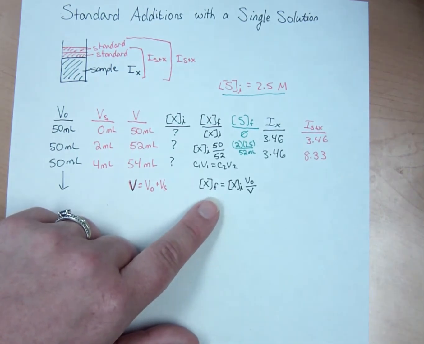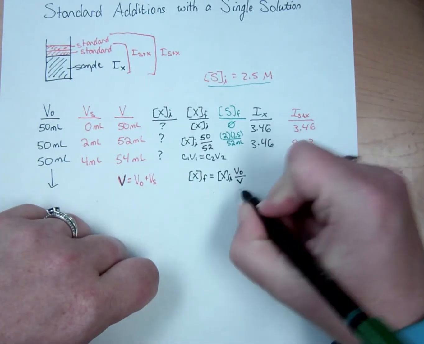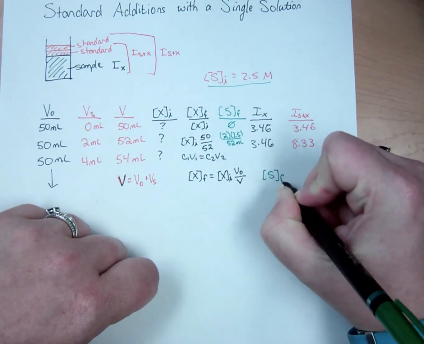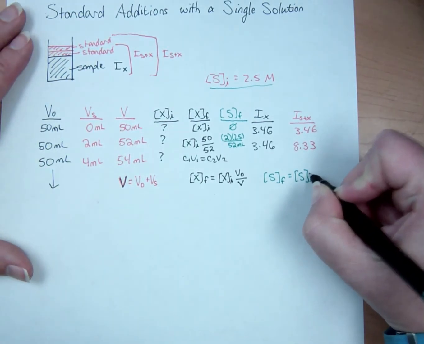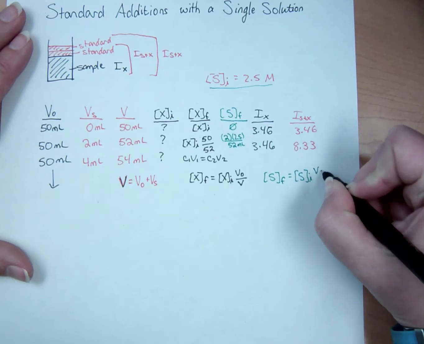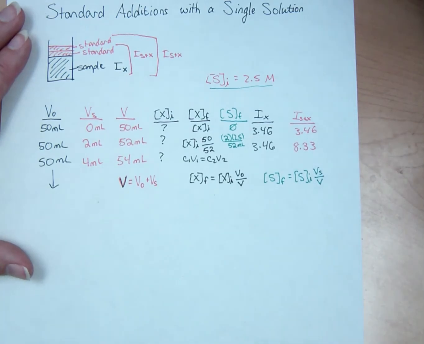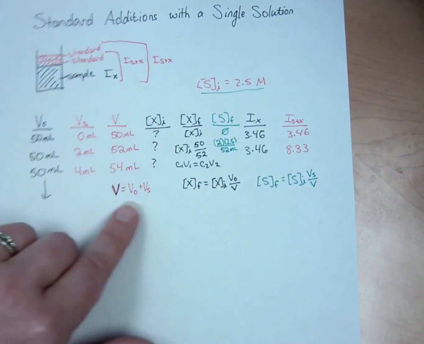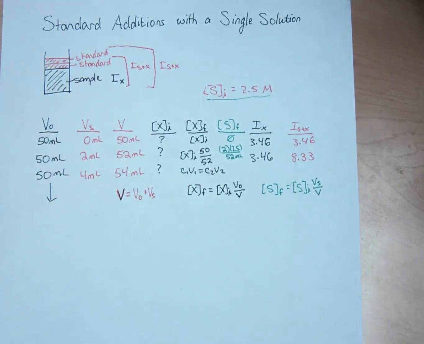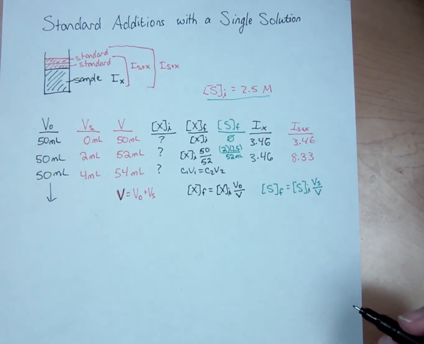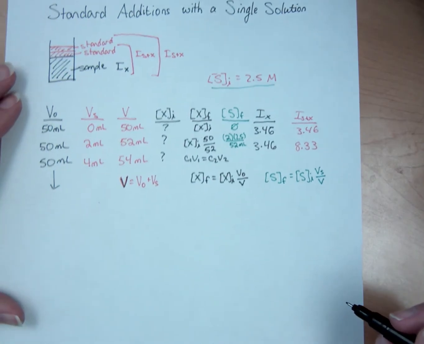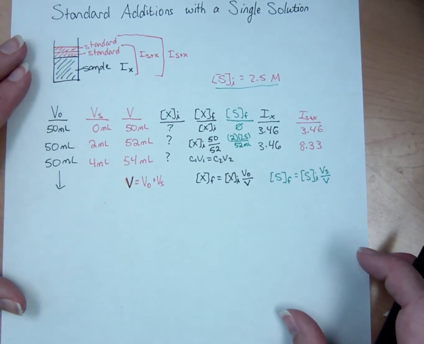And similarly, our concentration of standard is going to be our concentration of standard initially times the volume of standard divided by the new total volume. So these are going to be important here in a bit. In general, what we're looking at is how our intensity is changing as we're changing the solution that we're measuring.